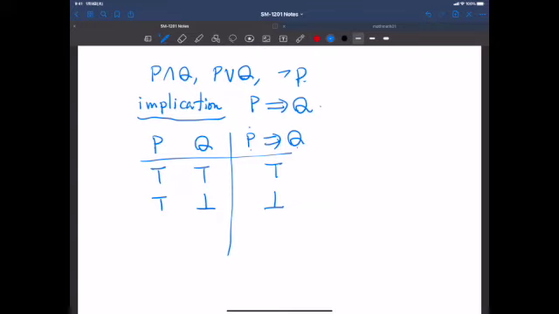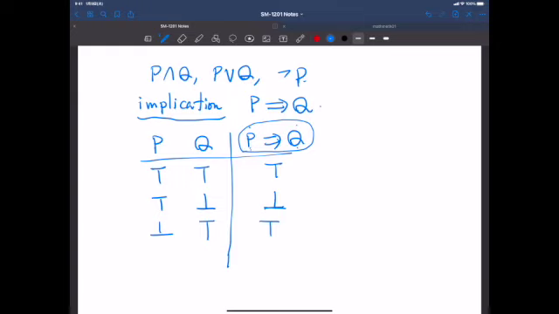If P is true, then Q is true. So this is what this intuitively means. So when P is true and Q is false, then this implication as a whole should be false, right? And if P is false and Q is true, guess what happens?